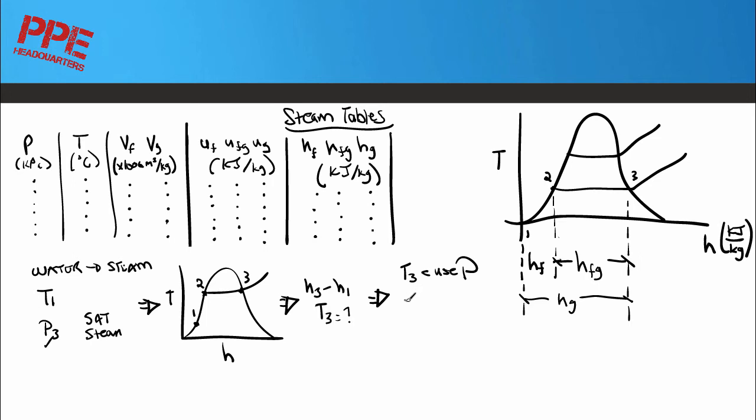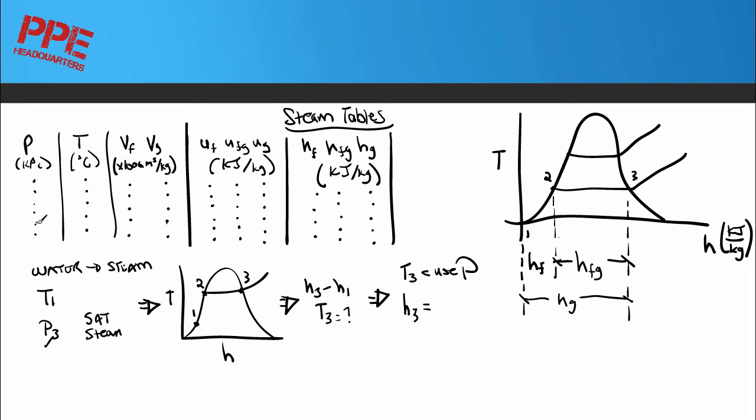Okay, what about H? Let's find H3. Again, I just kind of told you that I know this enthalpy is at a certain pressure. So I've got a temperature and I've got a pressure. What am I going to use to find it? I could use either, but I know these are at the saturated point, so I can get my pressure from here at part 2.